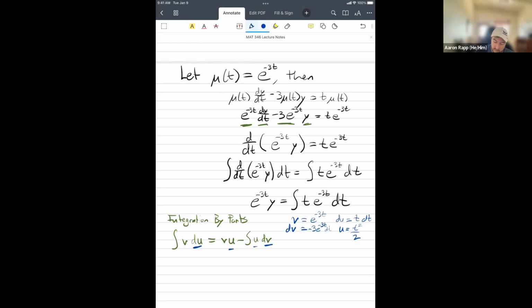So integration by parts then tells me that the antiderivative of t times e to the negative 3t dt is equal to u times v.